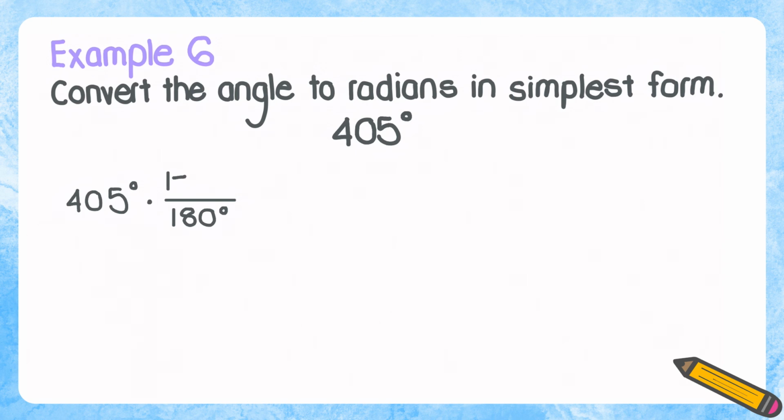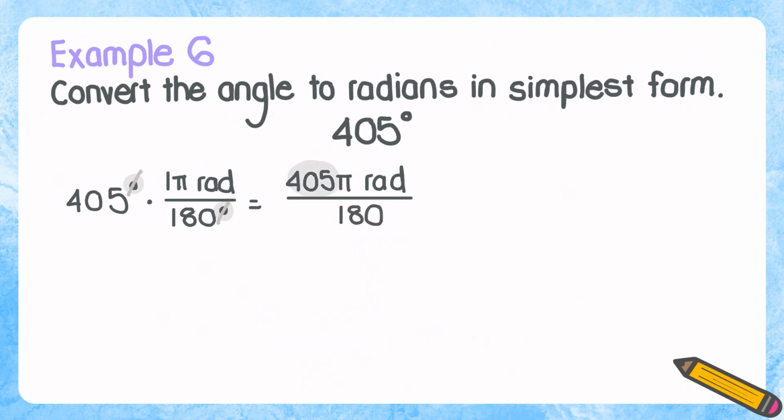So again, 180 degrees equals 1 pi radian, so we're using this conversion factor. The degrees will cancel out. So I have that 405 pi radians goes over 180.